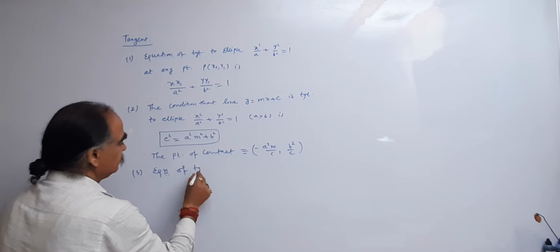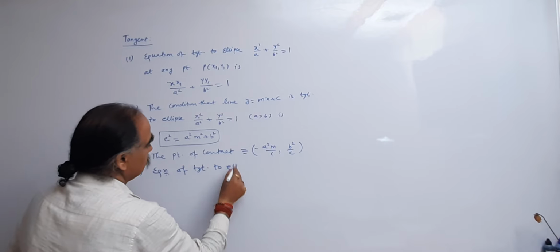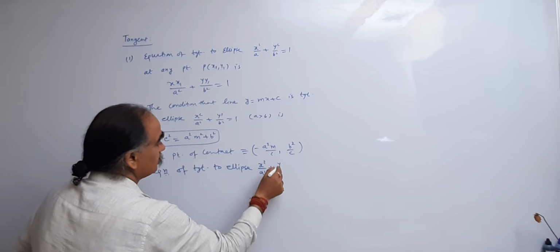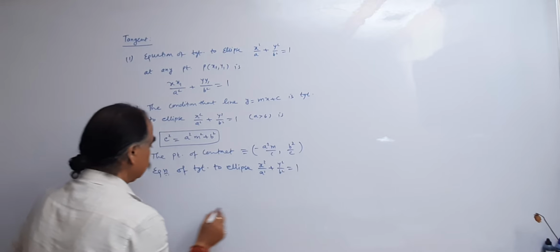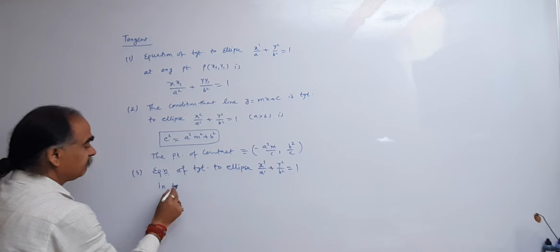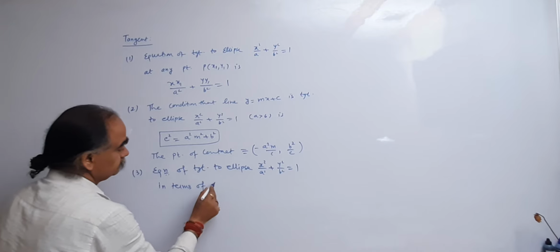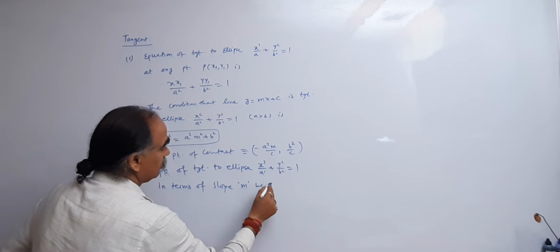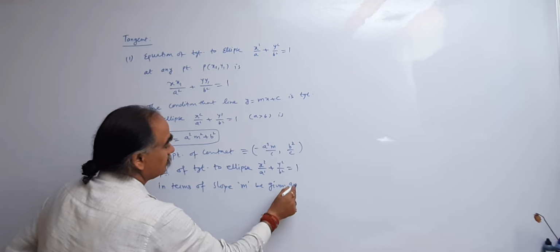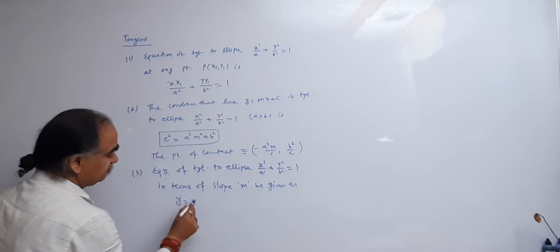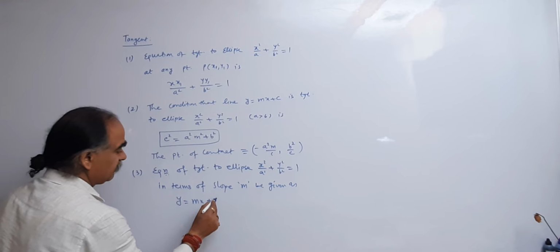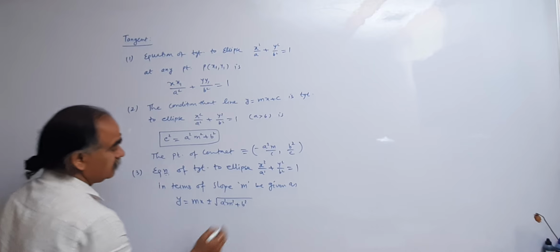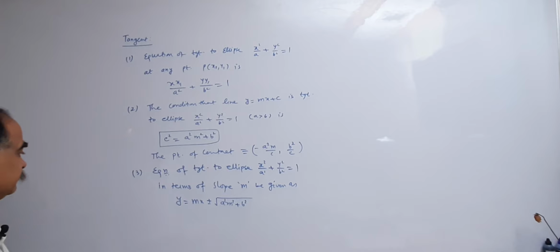Equation of tangent to the ellipse in terms of slope m is given as y is equal to mx plus minus root of a square m square plus b square.